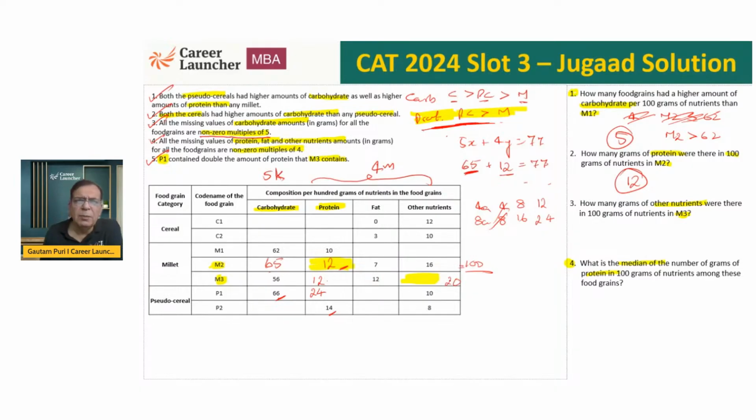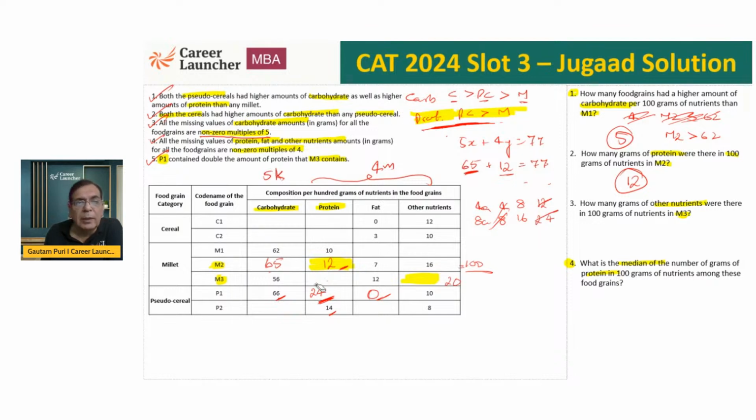This becomes 20. What about 66 plus 24? 90, 100. This becomes 0. If P1 has 24 grams of protein, then fat will be 0. As per the statements, none of them can be 0. So even 12 and 24 is wrong.